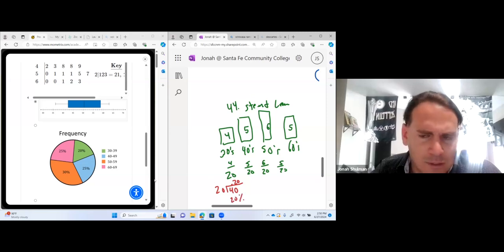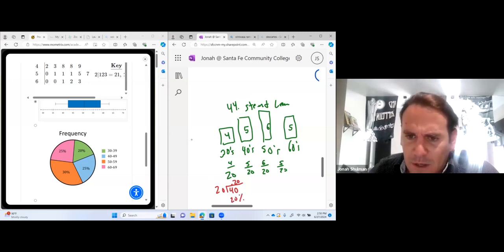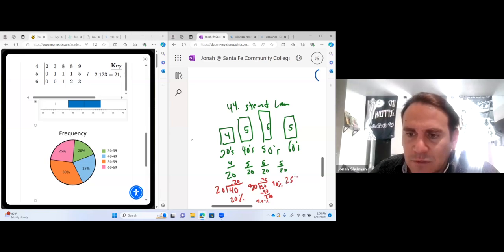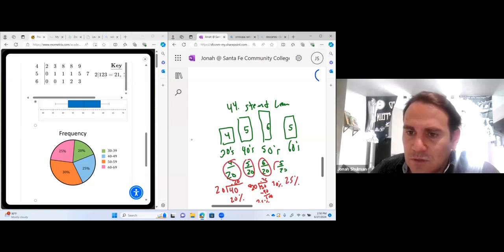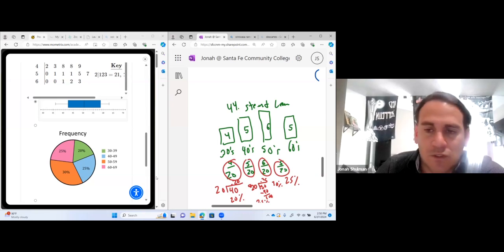That's correct. 5 out of 20: 20 goes into 50 twice, that's 100. So this is 25%. So this one's 25%. This is 30%. And this one's 25%. You can divide all of these to get the values, but you can see this one is correct.